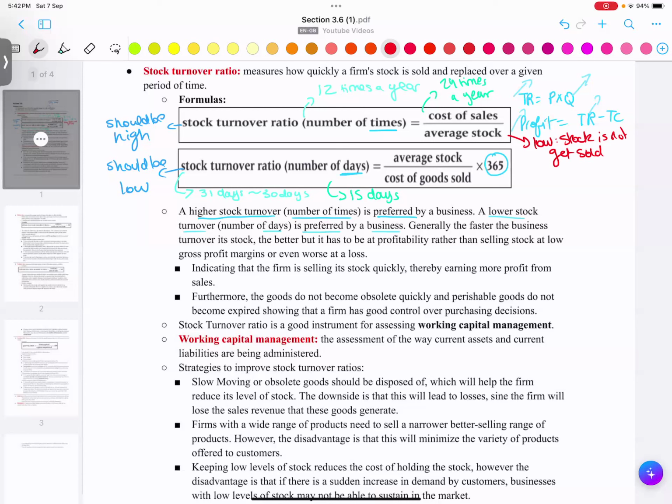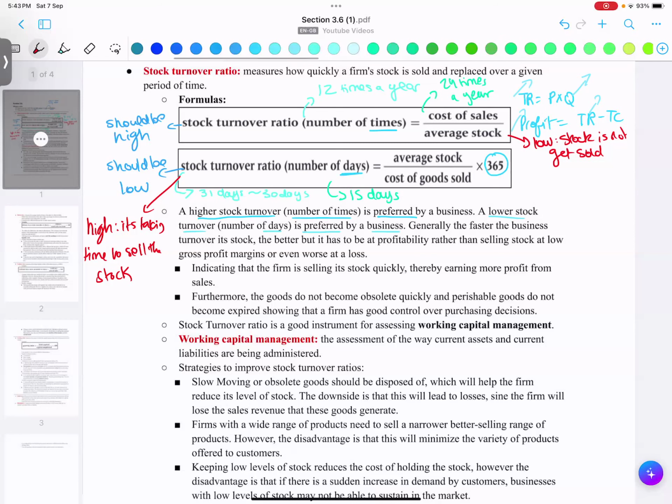This depends on the context of the case, which is not what we're studying now, but always know context. But for now, note that if stock turnover ratio number of days is high, it means it's taking time to sell the stock. Okay, that's why. So that's the difference. You got me? Now to continue.